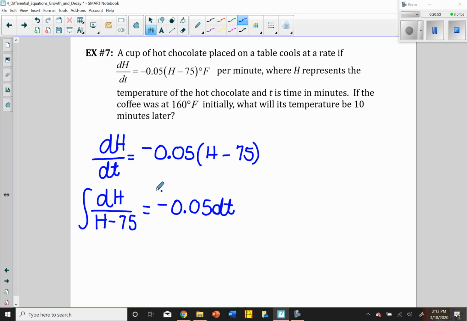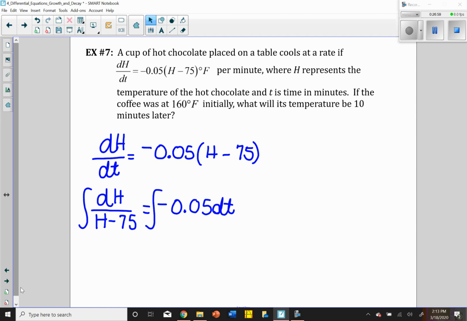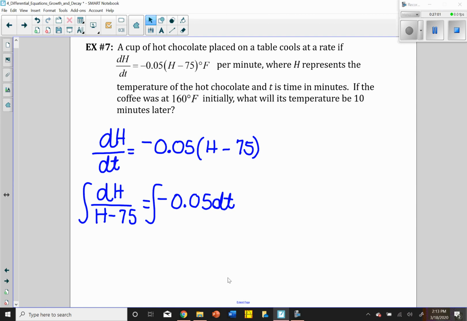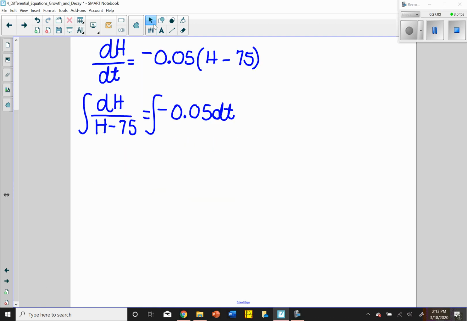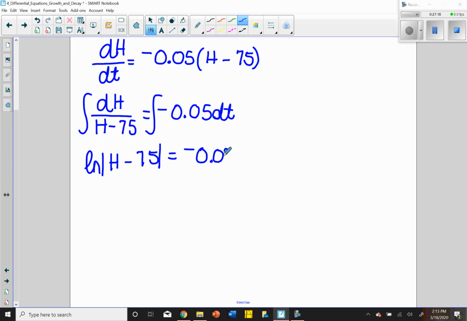Integrating both sides, this one's going to be natural log. So natural log of H minus 75 is negative 5/100 t plus C.